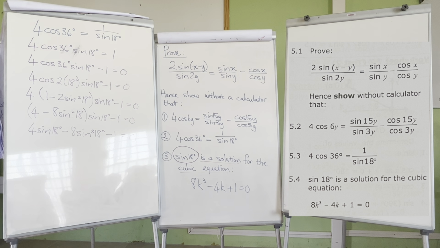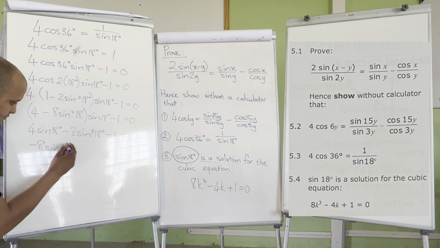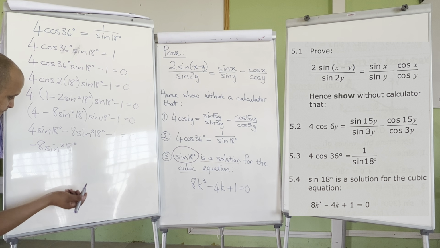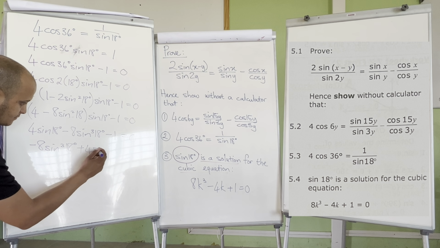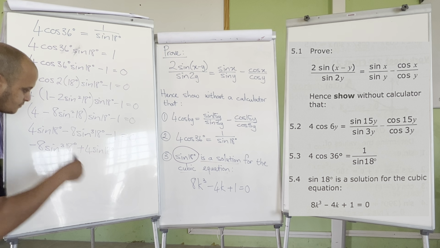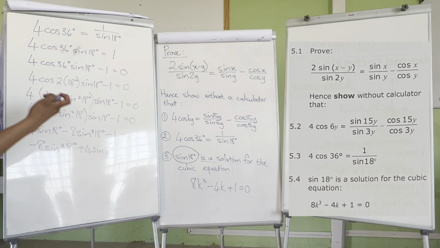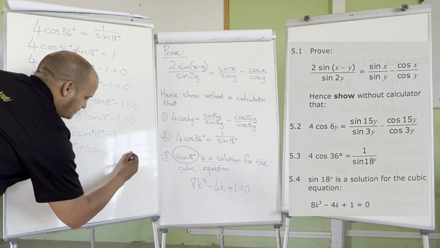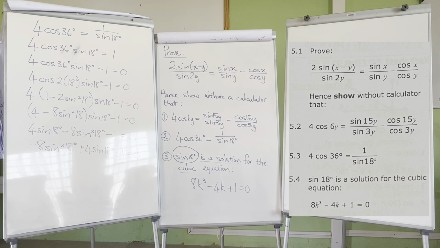And now we're getting our moment. But mustn't we rearrange it, because the cube is in the middle? Yes, rearrange it: negative 8 sine cubed, then 4 sine 18, and minus 1.